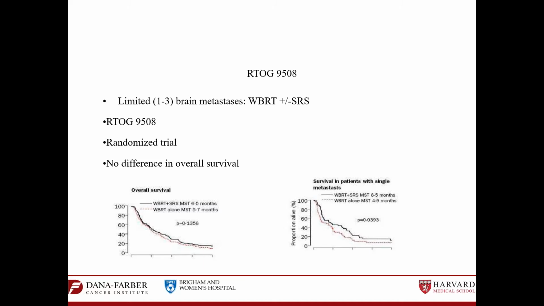In this trial, it showed no survival benefit from adding the focused radiation after whole brain in general, but the subcategory of patients having an overall survival benefit were those having a solitary brain met, a single brain met. You can see the curve on the left showed no overall survival benefit for the whole patient group, and the p-value was not significant. But when we are dealing with patients with a single metastasis, there was a significant difference in overall survival for those patients having focused radiation after whole brain.